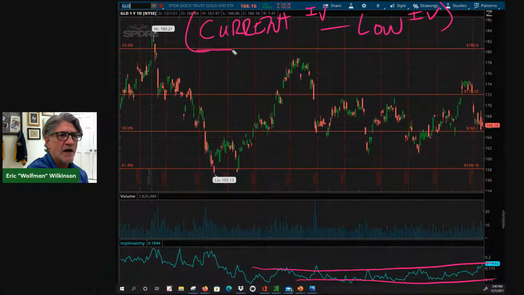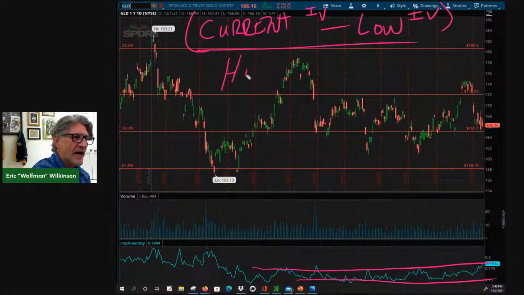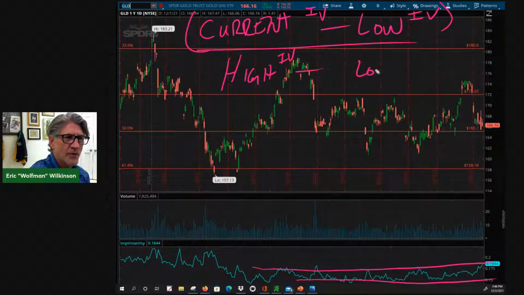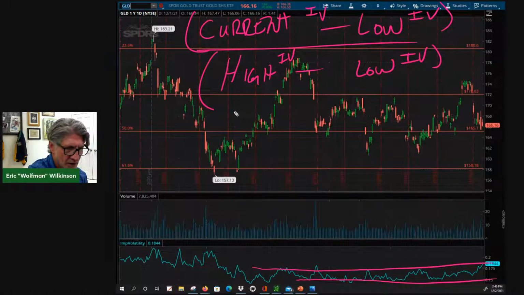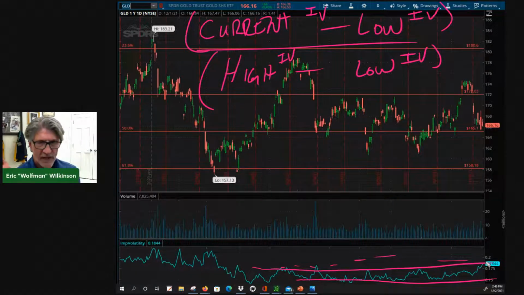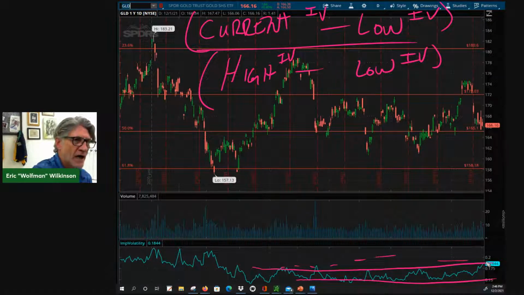Then you divide that by the high implied volatility minus the low implied volatility. You can find it all on this chart at the bottom here. I would need to draw a line to see where that high is. I'm going to call that 19, and the low here, let's just say 15.